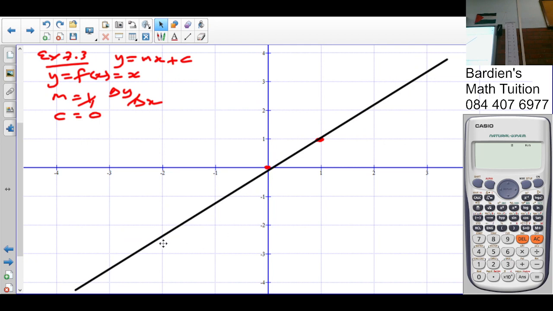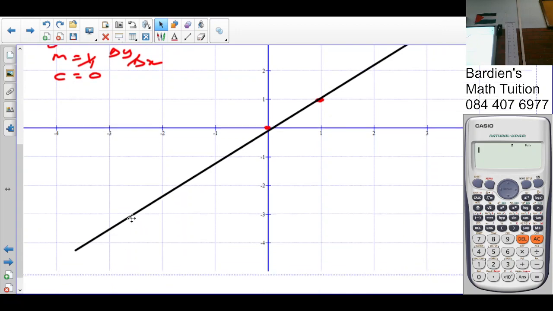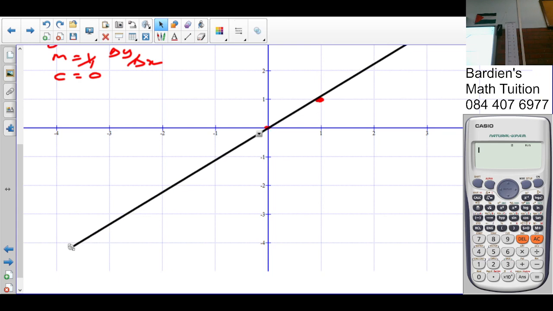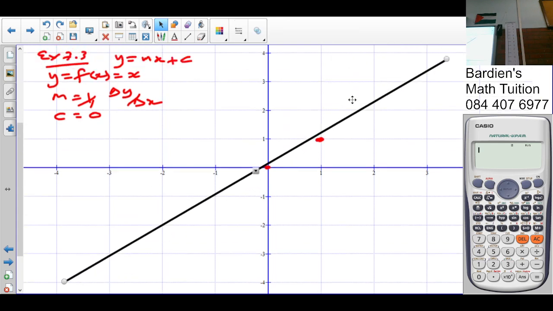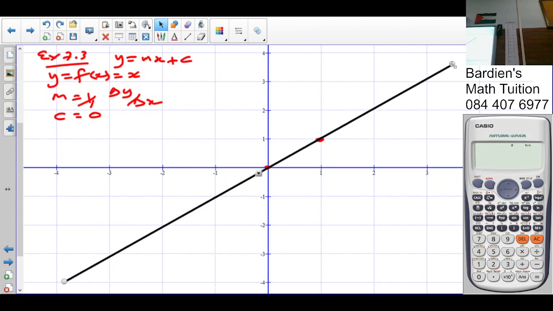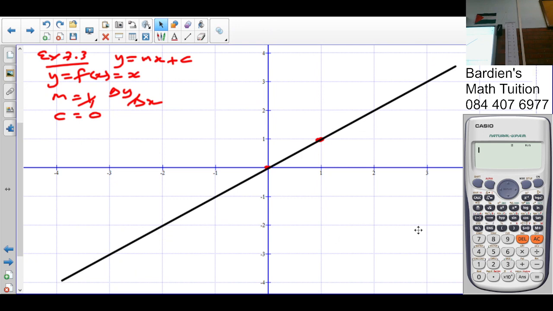And there we go. Okay? You guys understand? So this is the graph y equals x.